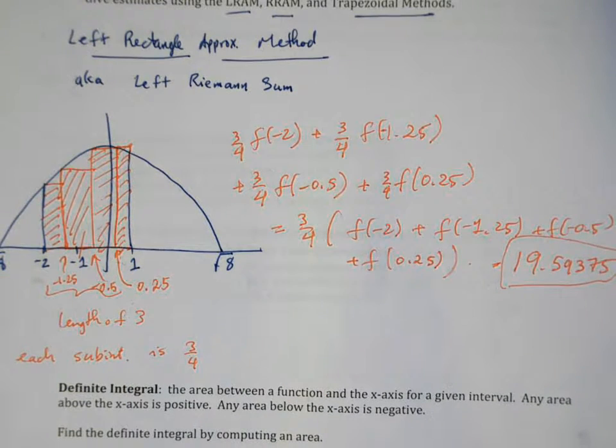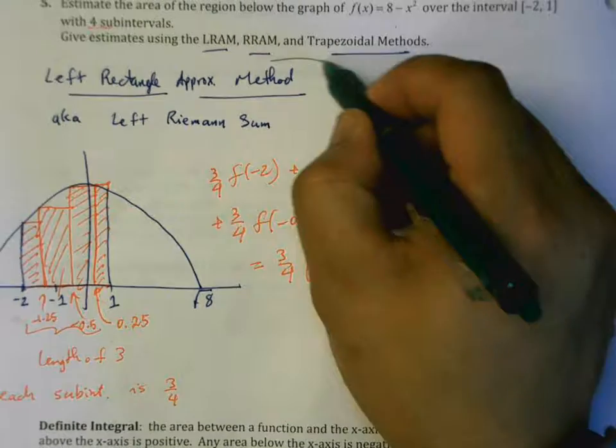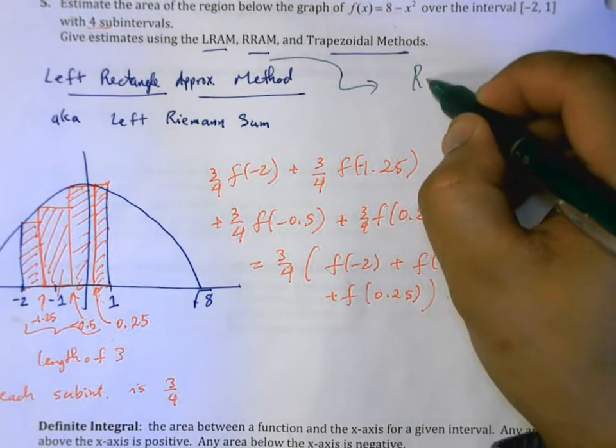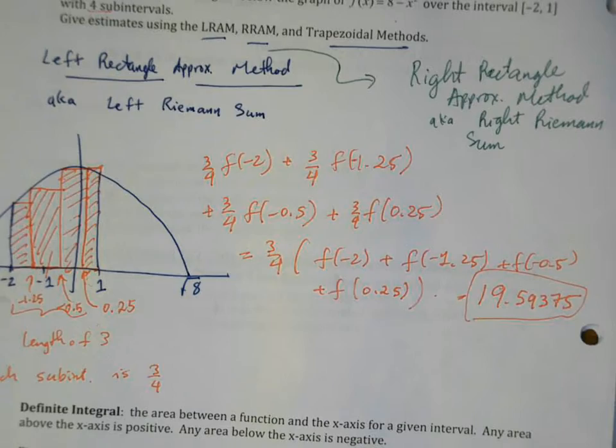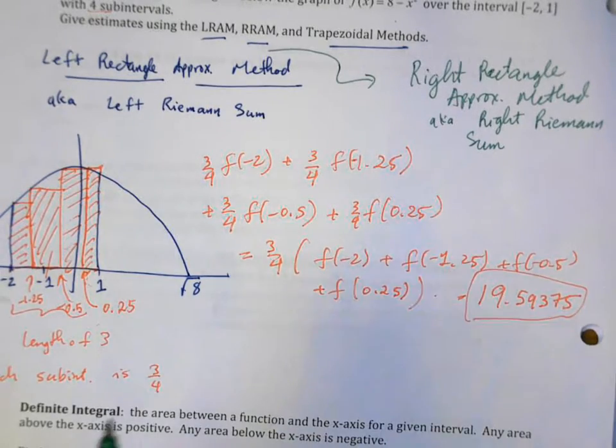So now I'm going to do the exact same problem, but I'm going to use the RRAM method instead. So RRAM stands for Right Rectangle Approximation Method. Okay. And it's sometimes called the right Riemann sum.